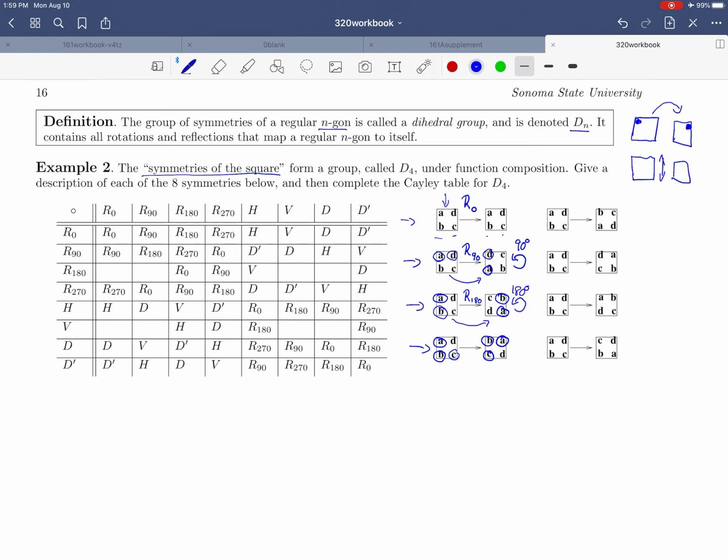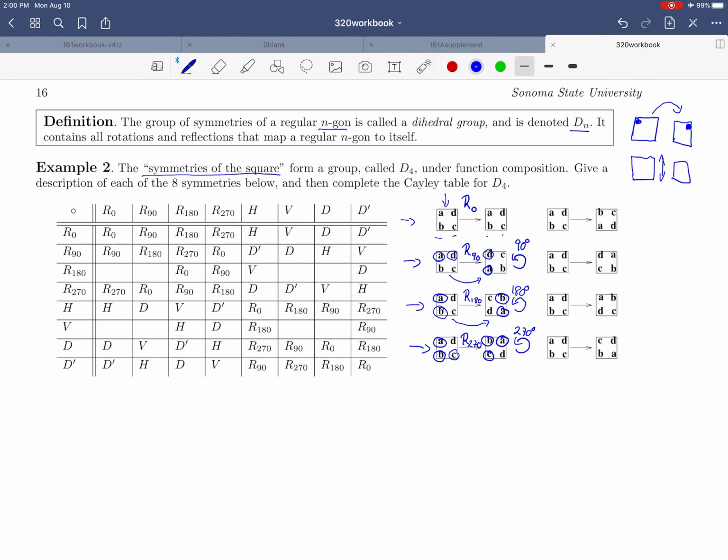So that is a rotation counterclockwise by 270 degrees. So I have 4 rotations right here that transform a square into itself, and those are the rotations by 0 degrees, 90 degrees, 180 degrees, and 270 degrees. Those are 4 things. And then I already alluded to, I can also flip, and there are a few different flips that I can do.